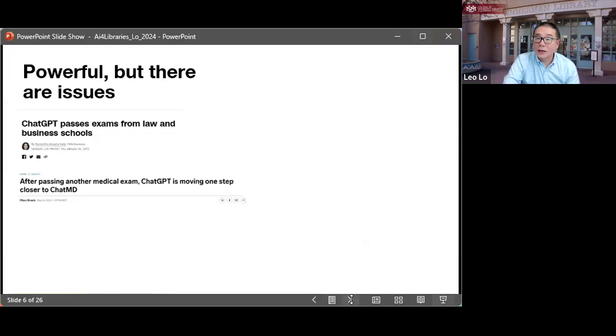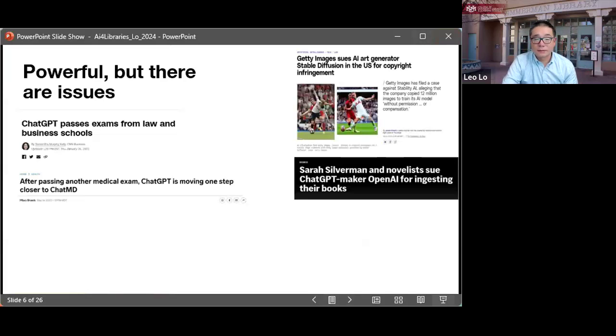But at the same time, it has a lot of issues. You have probably seen these headlines as well, like different companies or individuals suing these tech companies, maybe for violating copyright laws in using their content without asking for permission or consent. None of these lawsuits have been decided, and I don't think that our current copyright laws are really equipped to deal with it. So there needs to be a lot of catching up, basically.